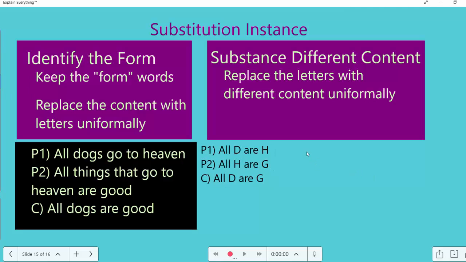So let's say D, we can make that snakes. So all snakes are things that, let's say, go to hell. Why not?